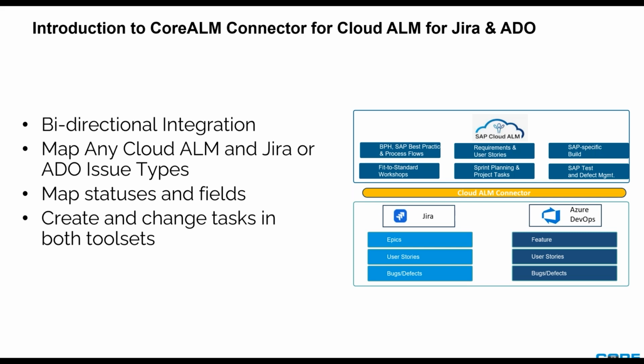If you want to, for example, map epics to requirements within Cloud ALM, that would be an option, or any of the other items listed here, including any custom types as well. Also, you could map any type of statuses and fields, including, for example, creating and changing tasks in both tools.